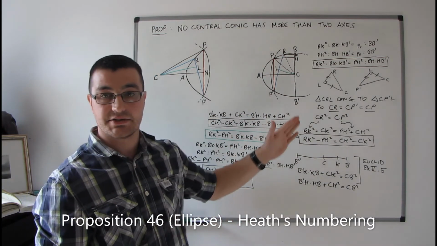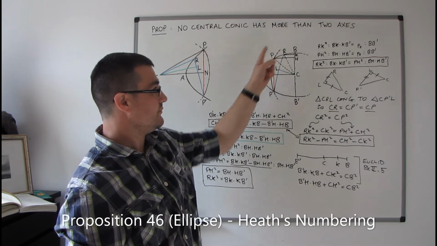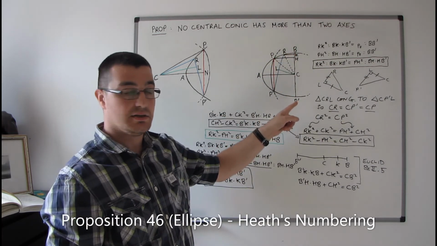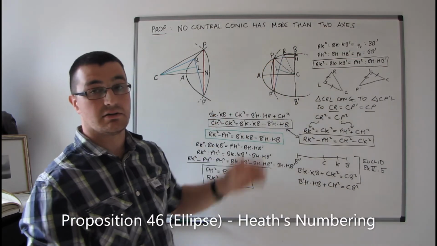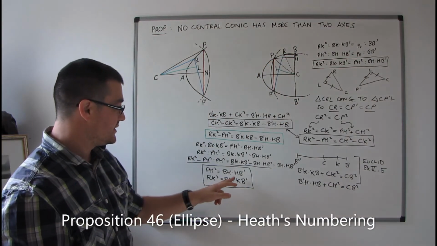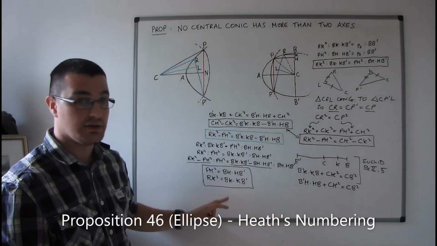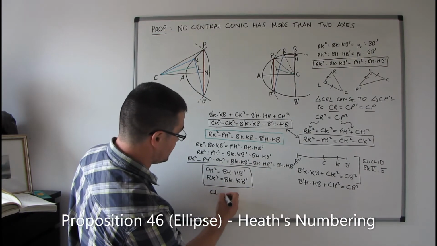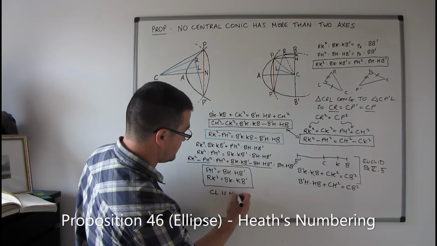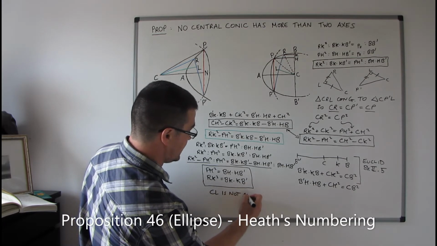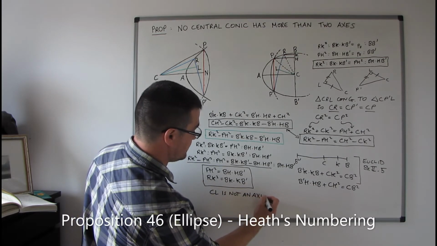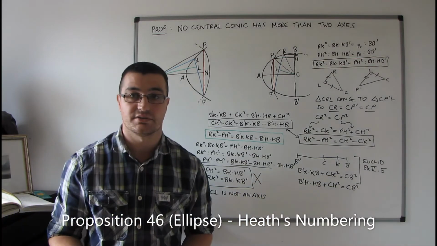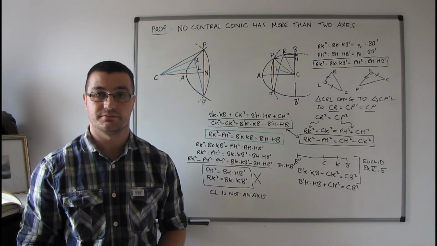So therefore the diameter of the circle has to be greater than the minor axis. So the diameter of this circle can't be BB primed. So this is our contradiction. So here we can conclude that CL is not an axis. So that is our contradiction. And that finishes the proof of this proposition.